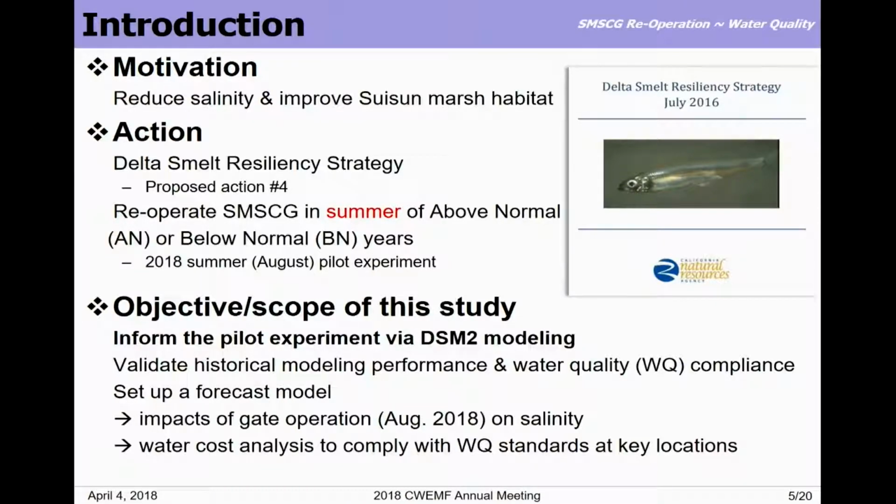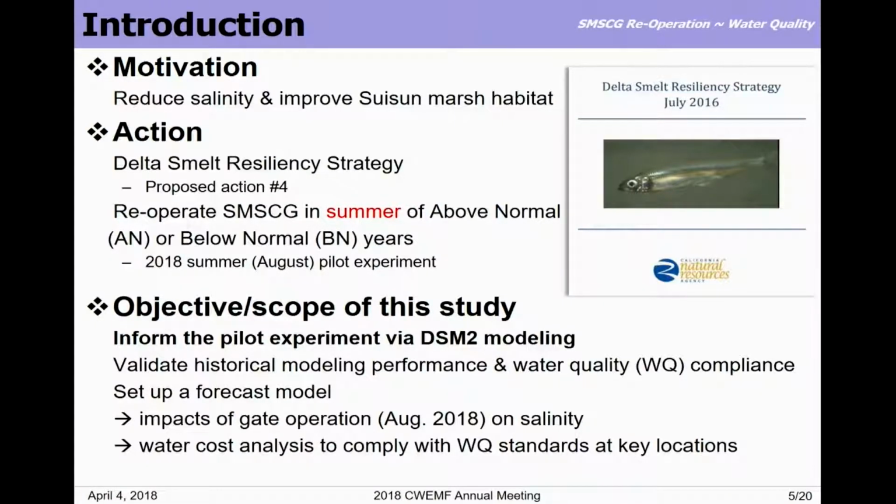So this year in summer, August, DES, the Environmental Service, is going to do a pilot study. And we were asked to do a modeling before this to see what the model shows, what will happen this summer.